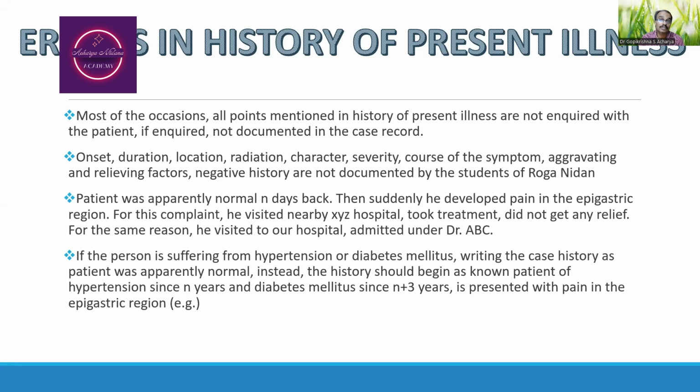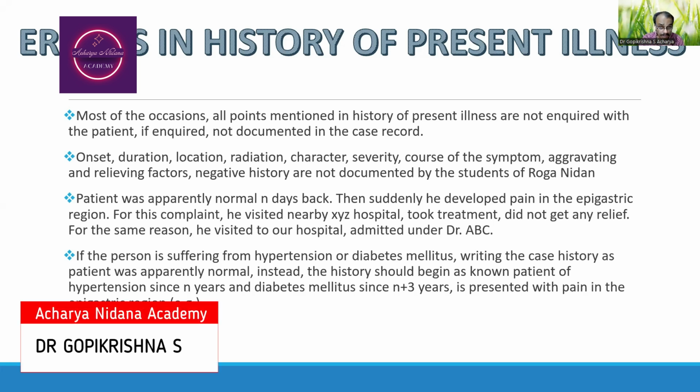When the symptoms started, whether it is sudden, gradual, or insidious, that is not being documented. If it is documented with the duration, then the location, in some cases they will ask, but radiation and character of pain will not be documented.